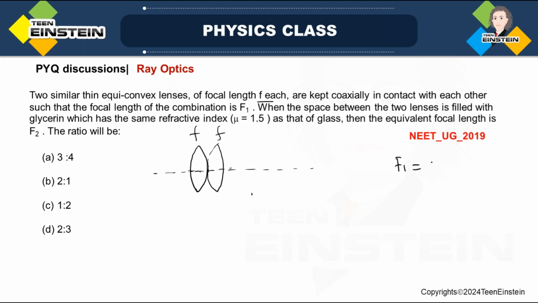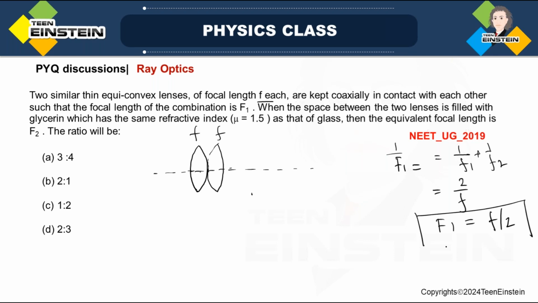See, this is 1 over f1 is equal to 1 over f plus 1 over f, or 2 by f. So f1 is equal to f by 2. So this is what we have got.